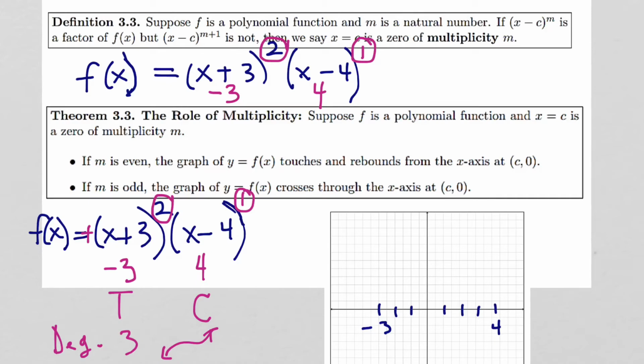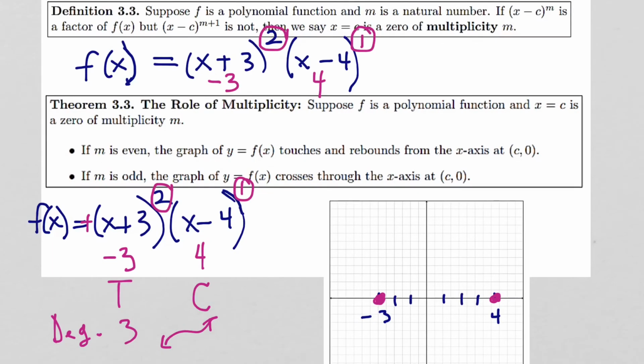Okay, so let me put my zeros on. I've got a 0 at negative 3. I've got a 0 at 4. I'm going to hit that negative 3, and I'm going to bounce. Let me scoot it up a little so I can draw on it. Hit that negative 3, and I'm going to bounce.